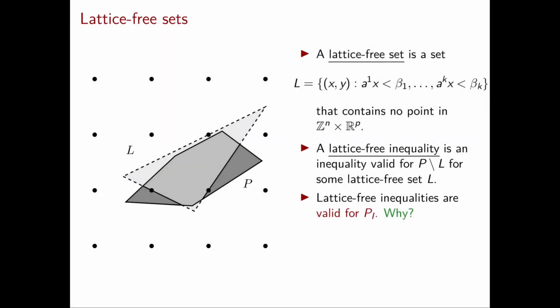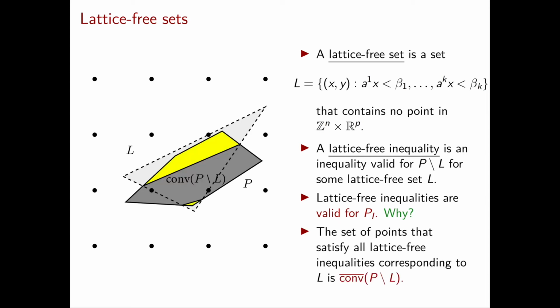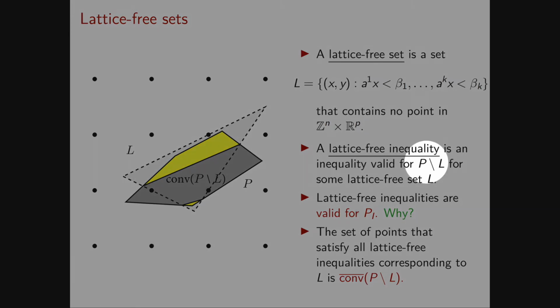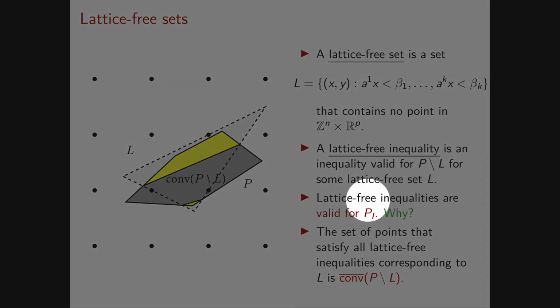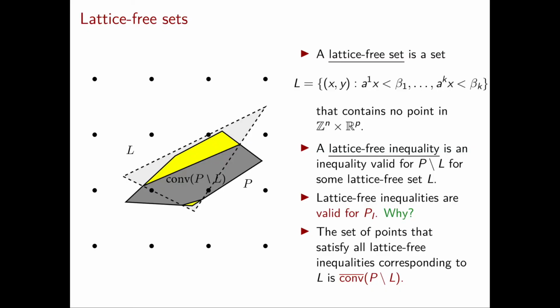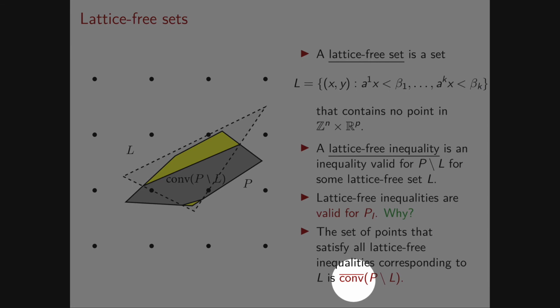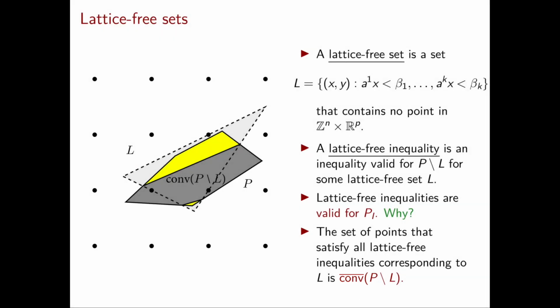Clearly, they are valid for the mixed integer hull of P. Like in the split case, it makes sense then to consider the intersection of all lattice-free inequalities for a specific lattice-free set L, and in this case it is the closed convex hull of P minus L. Here there's a little difference with respect to splits, because in the case of splits we saw that the closed convex hull can actually be equivalently replaced by the convex hull, and in this case this is not the case, and so we're forced to keep using this closed convex hull.